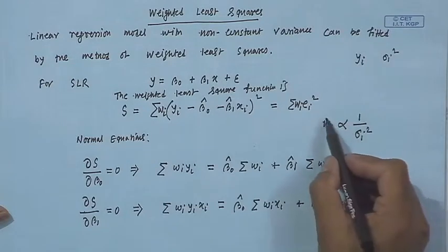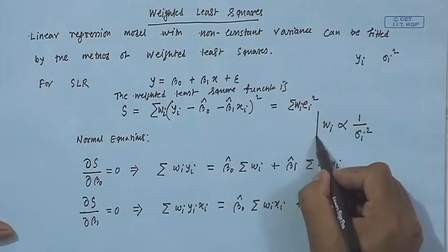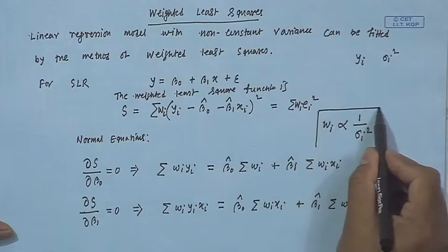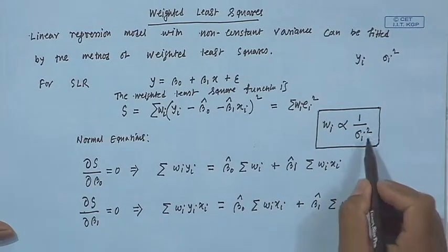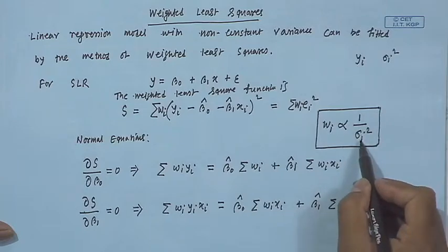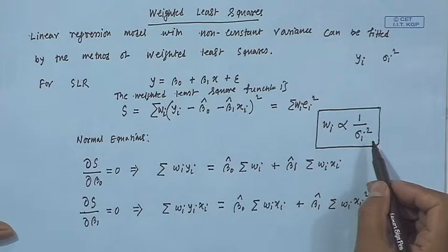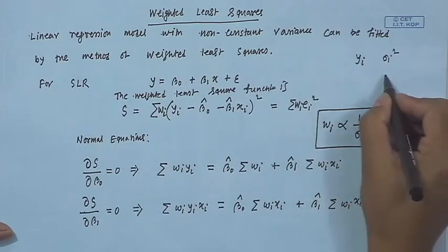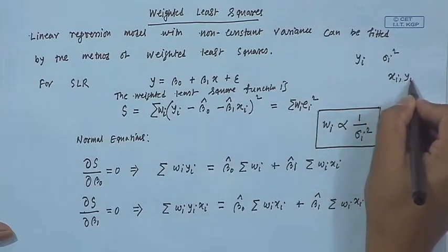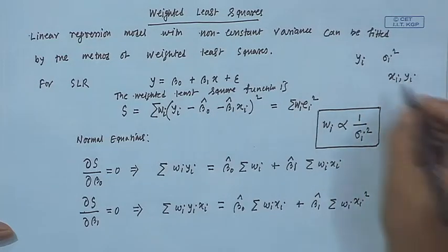Now, I did not say anything about why the weight is proportional to 1 by sigma i square, and the other concern here is that you are given just a data set x_i, y_i for i equal to 1 to n, nothing else.